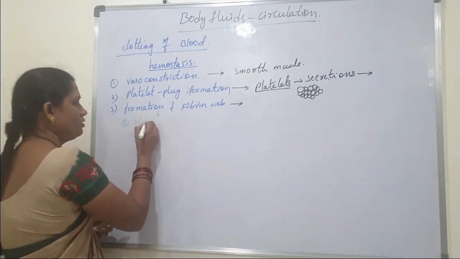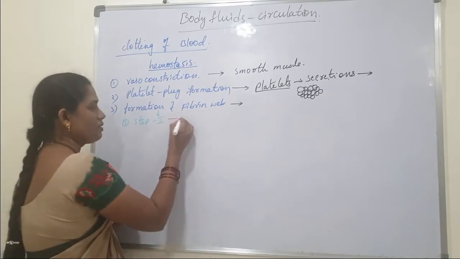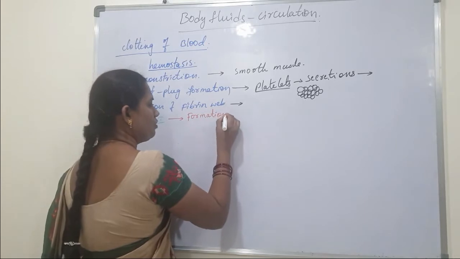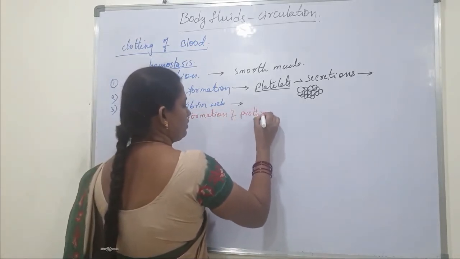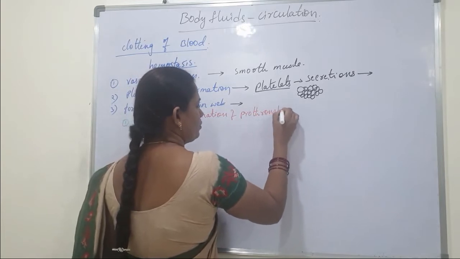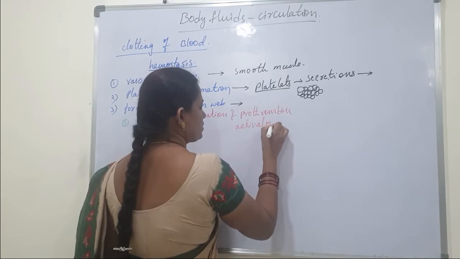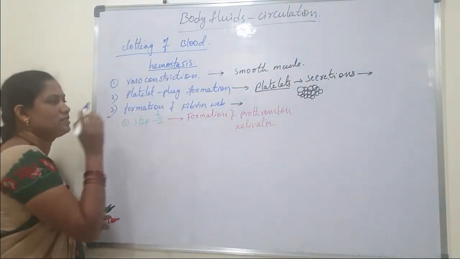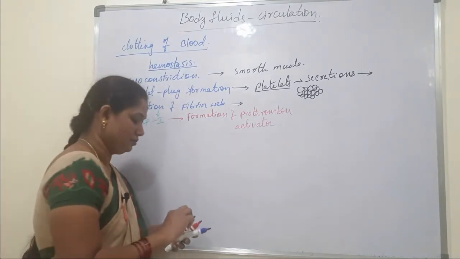Step 1 is formation of prothrombin activator. So in the third method, the first step is formation of prothrombin activator.